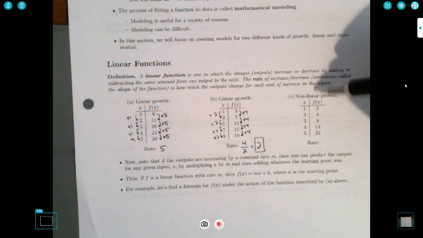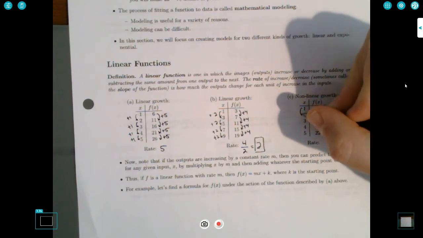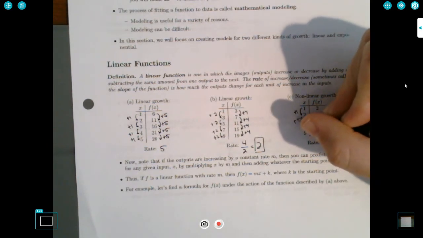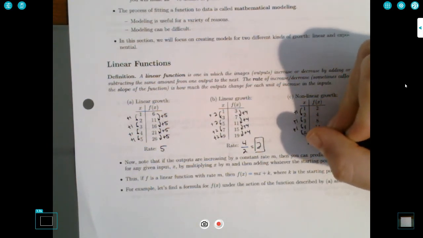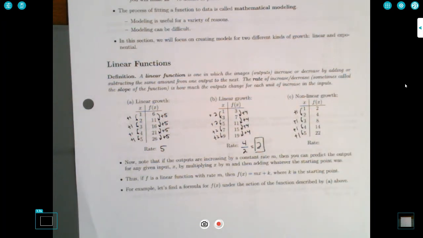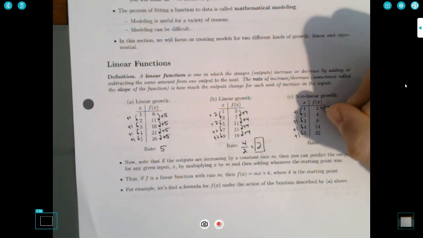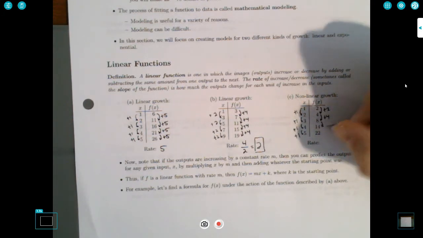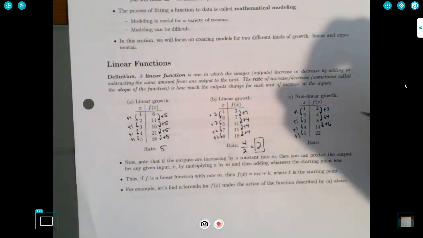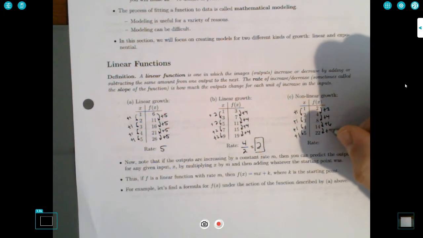Now, this last example is an example of nonlinear growth. So notice that your inputs are increasing by 1, but your outputs are increasing by different amounts, right? Here you increased by 2, here you increased by 4, here you increased by 6, and here you increased by 8.